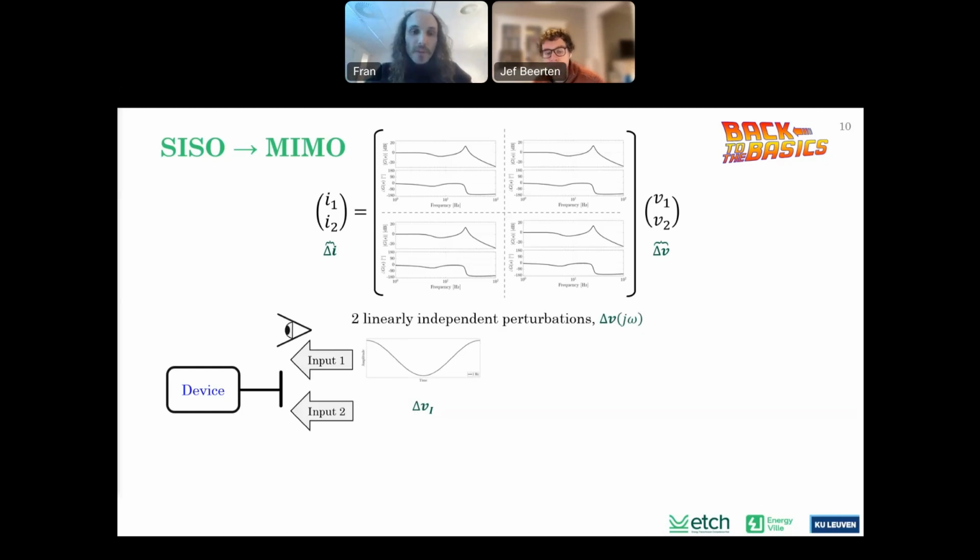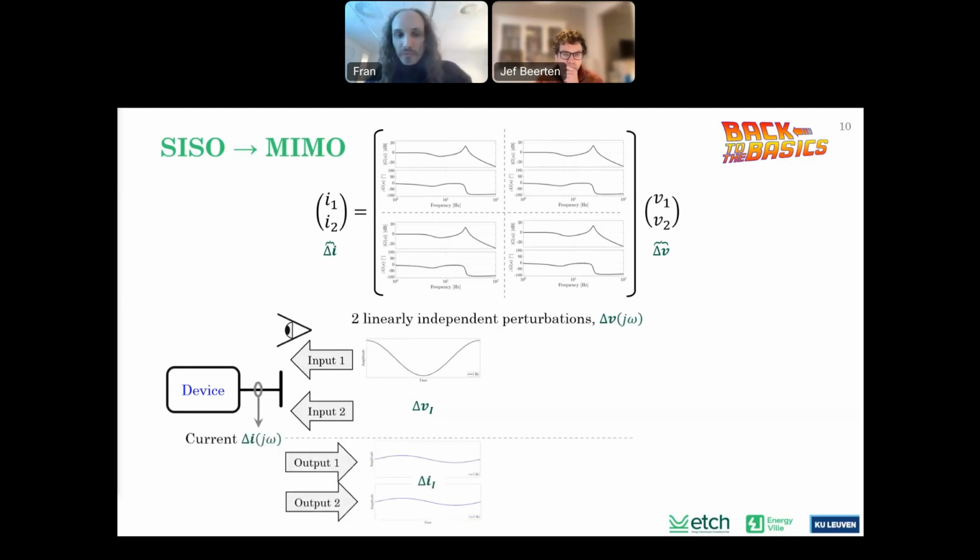So a very simple way of going about this is to first perturb one of the inputs while keeping the other undisturbed and record the outputs, which will be currents in our case. We can repeat this again since we'll need two linearly independent perturbations.